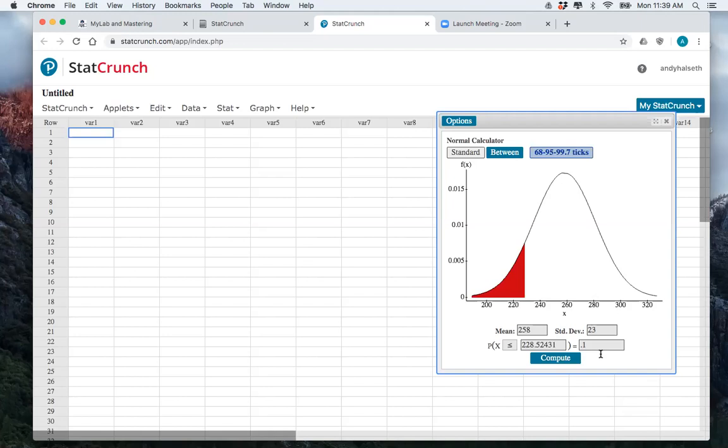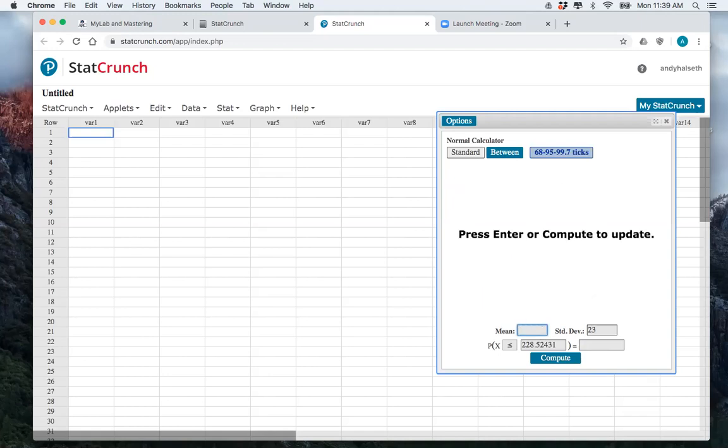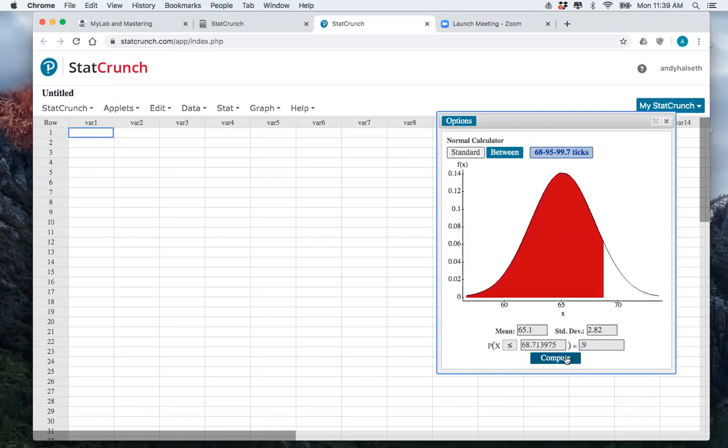Number 7, the 90th percentile one. That one I would put the mean. Let's see, the mean was 65.1. Standard deviation was 2.82. And then it was the bottom 90%. There's that 68.7 that we got. Okay, that's the 90th percentile 7A problem.